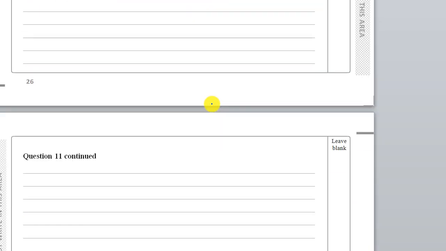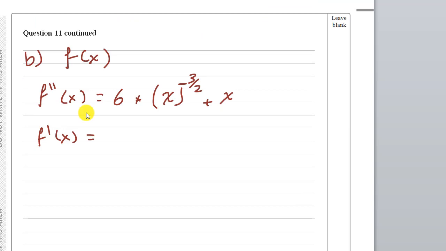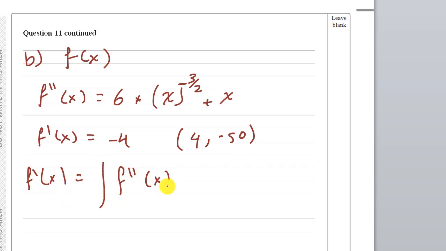So we have f double dash of x. This is part B. So f dash of x is minus 4 at point 4 and minus 50. So now f dash of x is equal to the integration of f double dash of x dx.